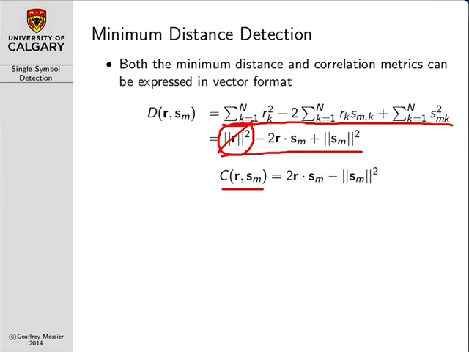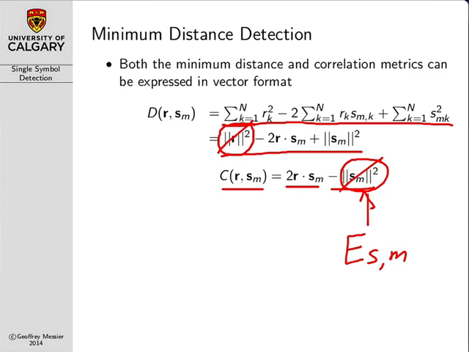The correlation metric is just equal to twice the cross product of r and the signal vector minus the squared norm of the signal vector, which of course is just the energy per symbol of signal m. In the case of PSK, for example, where all the signals have the same energy per symbol, we can get rid of that term as well. And then we end up just with the cross product between r and s.